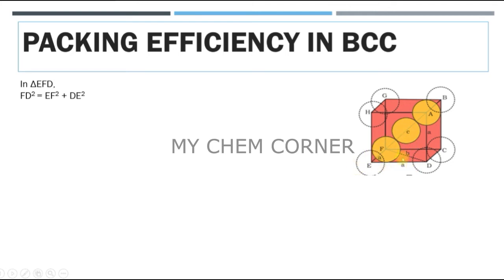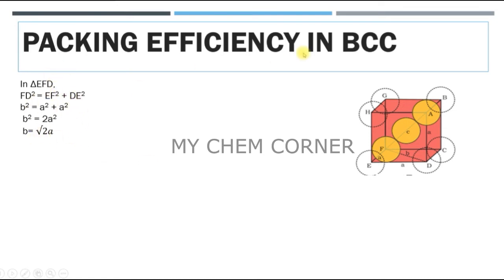So here same thing, we have given the edges as A and the hypotenuse as B. That remains standard. So we'll just substitute the values. FD square is given as B here and the edge length is given as A. When we substitute it, it's going to be the same value that you got in the CCP or HCP. B is equal to root 2A.